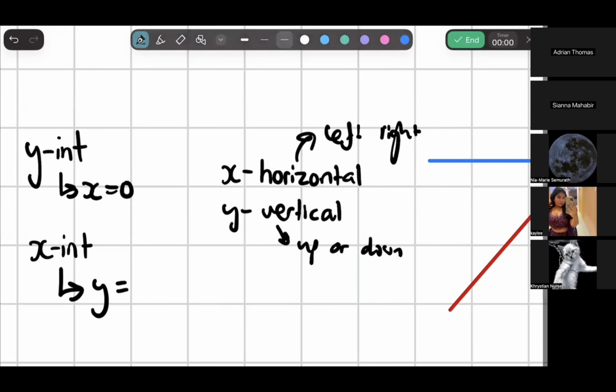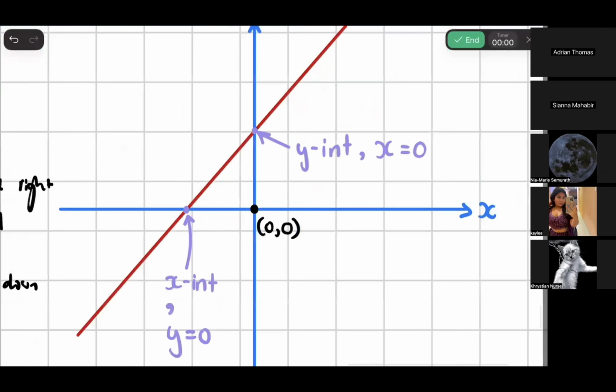Watch this. If you are on the x-axis, say you're over here, where's the only direction you could move? Left or right. If you could only move left or right, then where's your vertical movement?